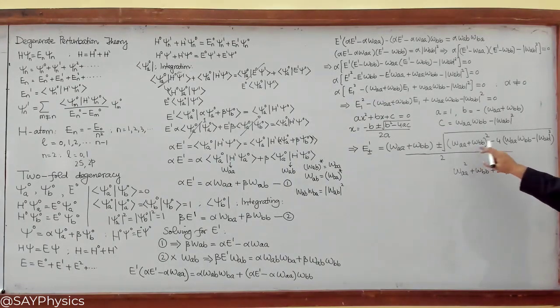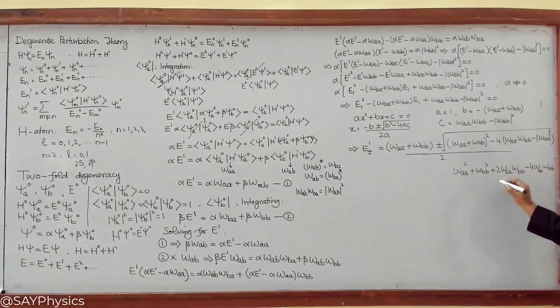This is the a plus b whole square formula: a squared plus b squared plus 2ab, minus 4 times WAA WBB plus 4 times |WAB| squared.